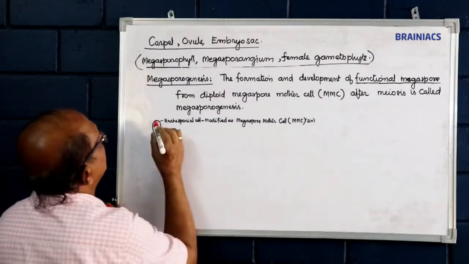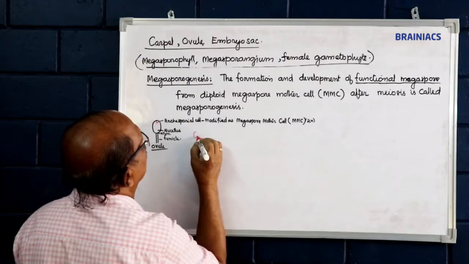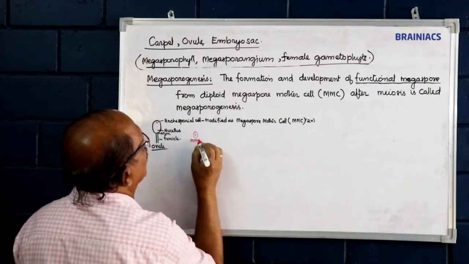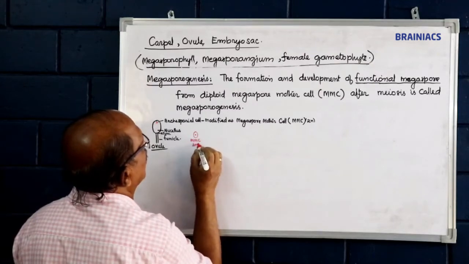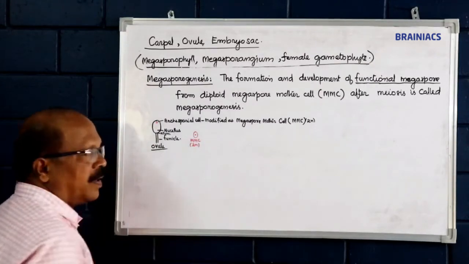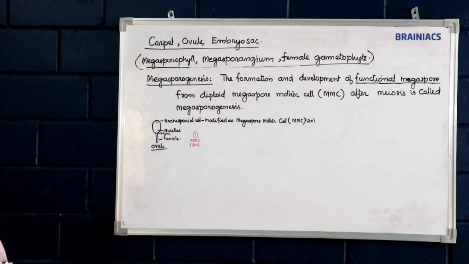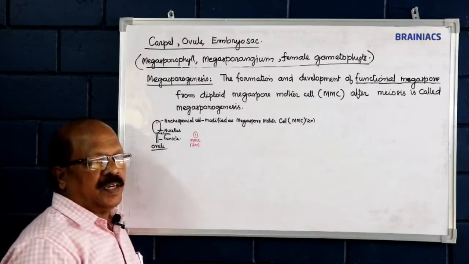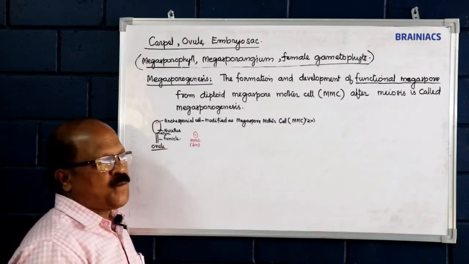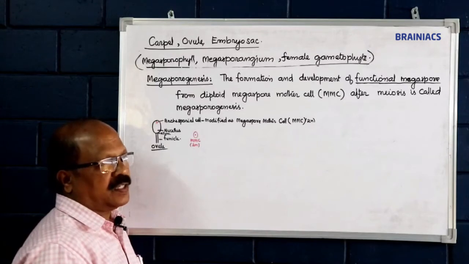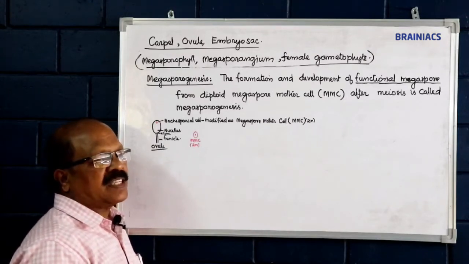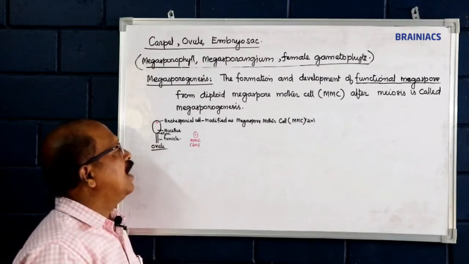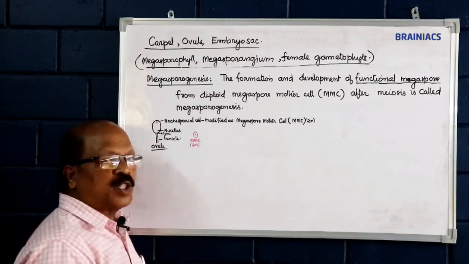So, taking this MMC, the megaspore mother cell, it is diploid. Before the three successive divisions resulting in 8 nuclei, it undergoes meiosis.